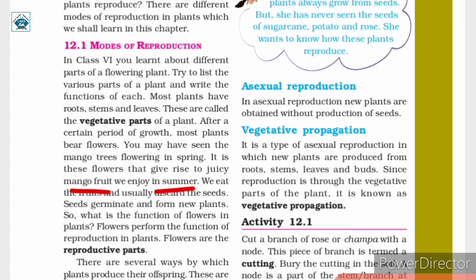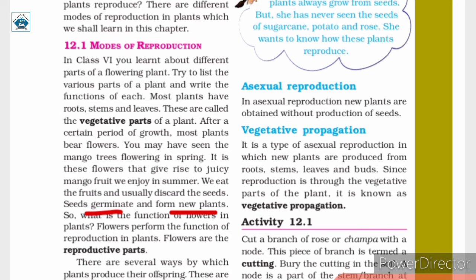That's the season when the mangoes ripen. Now when we eat these fruits, we can all find seeds in them. We usually throw away the seeds, but the function of the seed is that they germinate to form new plants. But what about flowers?